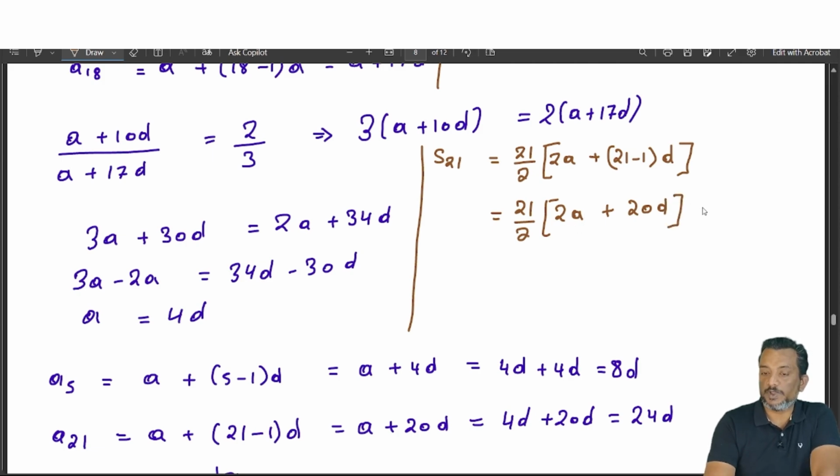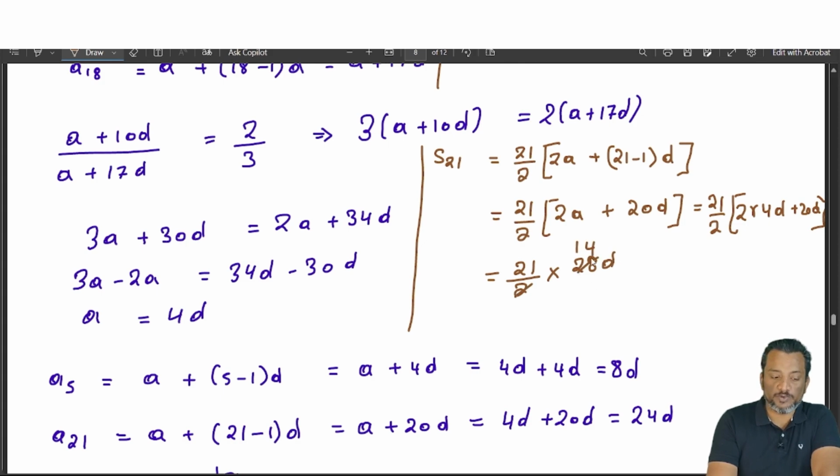So we can say 21 over 2 times (2 times 4d plus 20d). So how much you will get here? 2 times 4d is 8d, so 28d. So 21 over 2 times 28d. Now again this will cancel, so you will get 14, and 14 multiplied by 21 gives 294d. Hope it is getting clear.